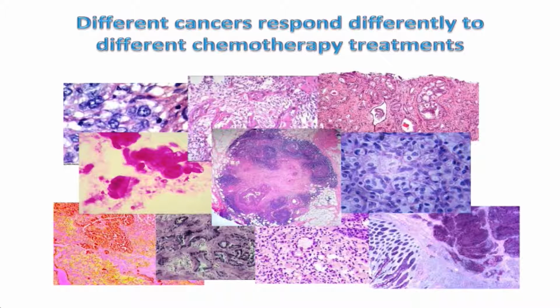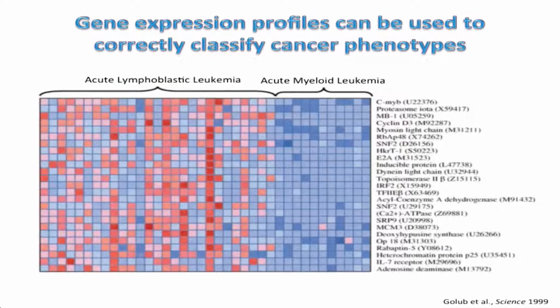Now, as Steve talked about yesterday and other people have mentioned, Todd et al. in 1999 were among one of the first groups to show that genome-wide expression profiling of gene expression can be used to correctly classify different cancer phenotypes.